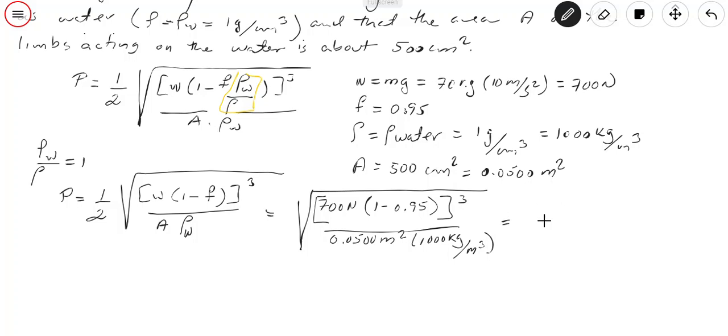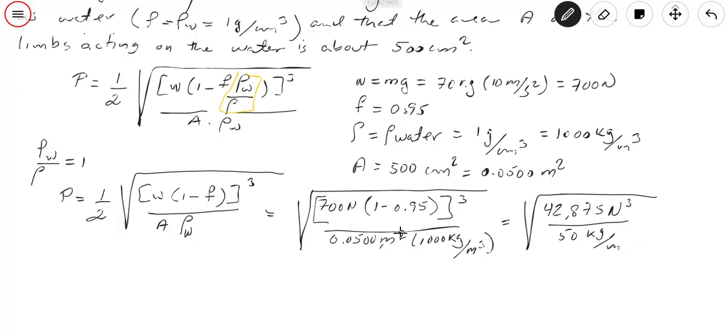Just working with the numerator, we're going to have 42,875 newton to the third over 50 kilograms over meter.